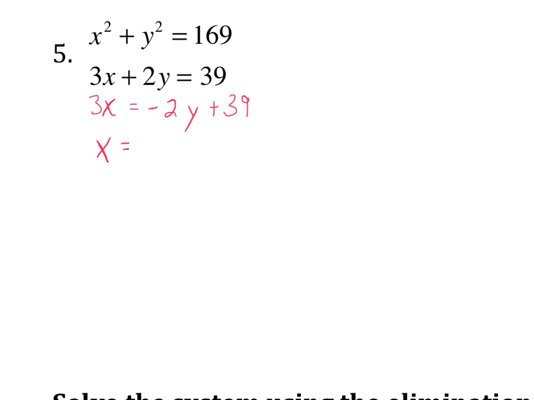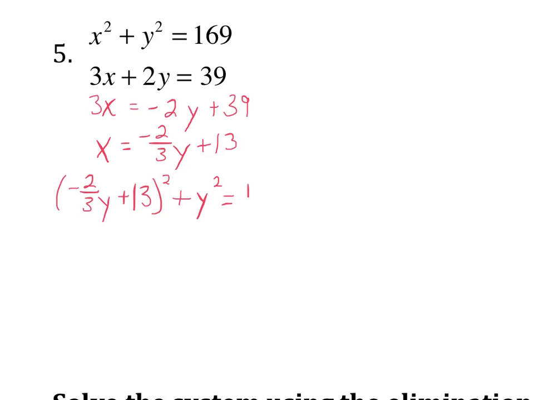So I have x equals -2/3 y plus 13. And I will take that and plug it in for x. So I have (-2/3 y plus 13) quantity squared plus y squared equals 169.